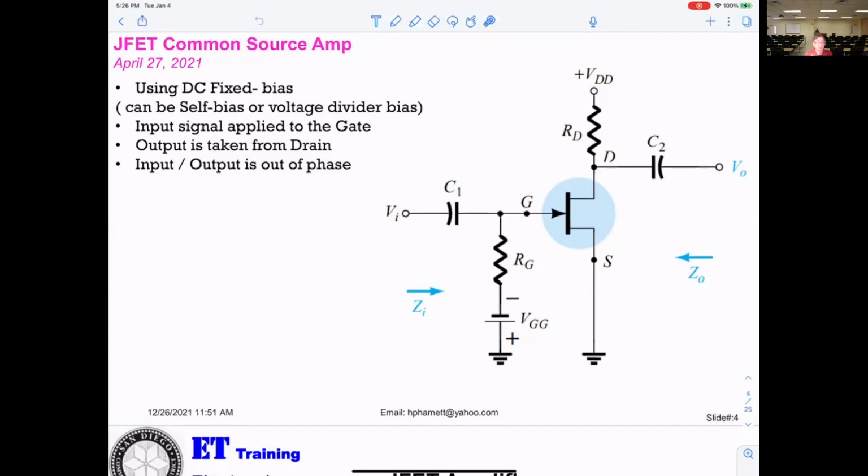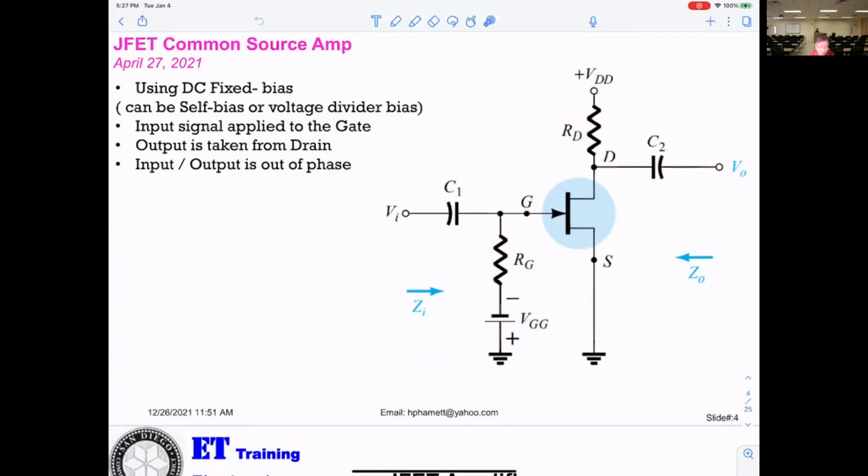And what happens to the input and the output? For the common source amplifier, the input is applied to the gate and the output is taken from the drain, okay?